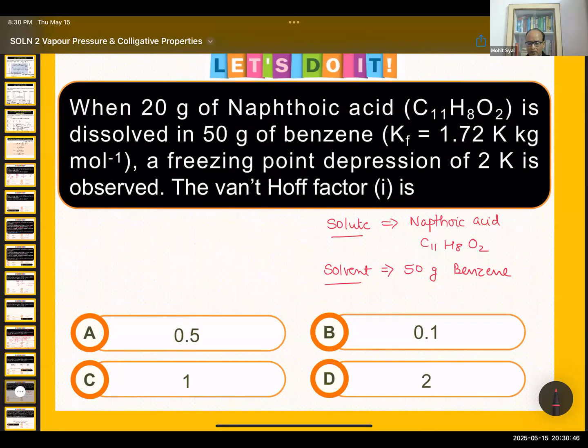And for the freezing point depression, this was the formula: delta TF equals KF into molality. But in order to get the actual number of particles, you need to multiply it by i.